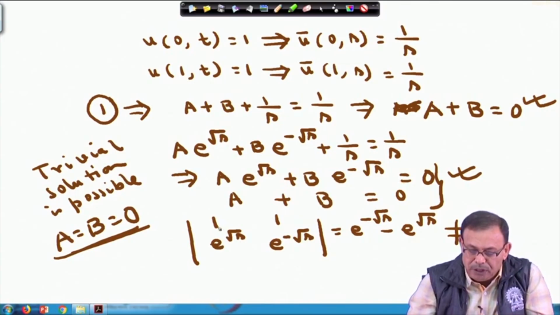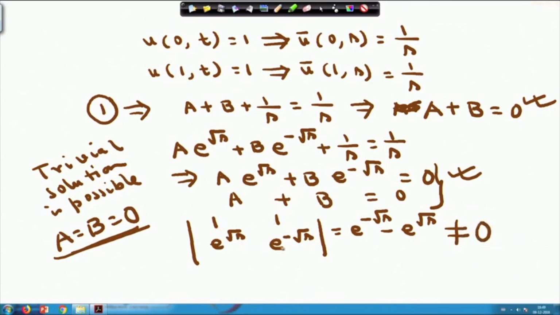The determinant is 1, 1, e power root s, e power minus root s, and I am finding that this is not equals 0. Since the determinant of the coefficients is non-zero, the non-trivial solution is not possible, only the trivial solution is possible, and always the trivial solution is a equals 0 and b equals 0.